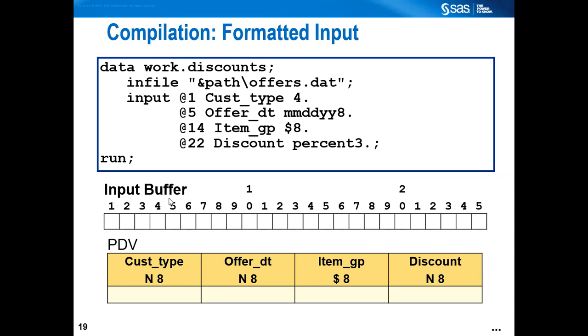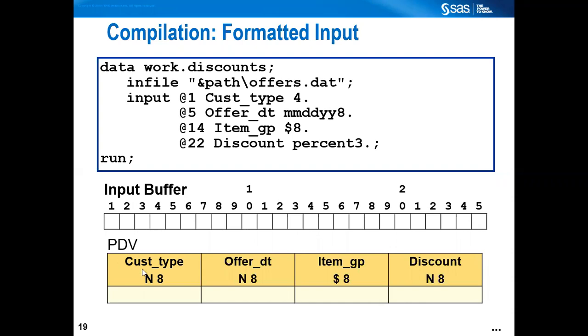This buffer is an area in memory that holds your raw data record, and from your raw data record, values as per the input instructions are converted into SAS data set values in the PDV.